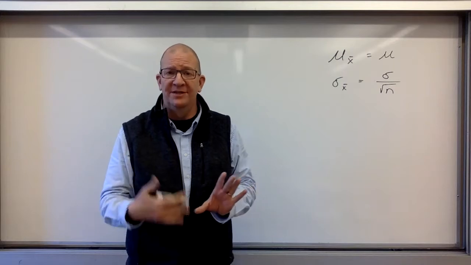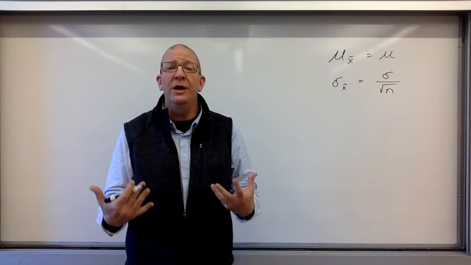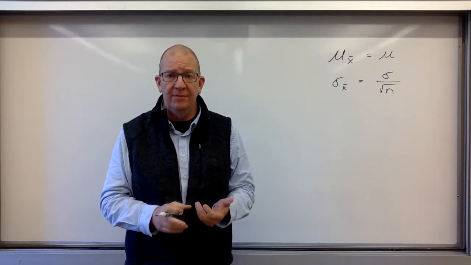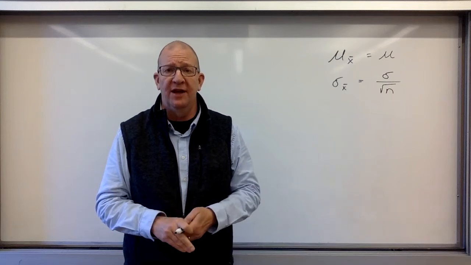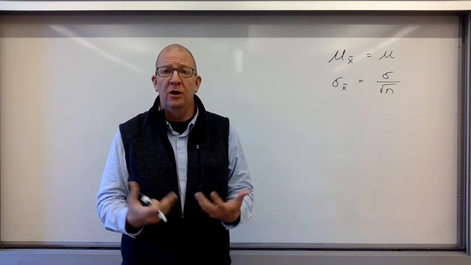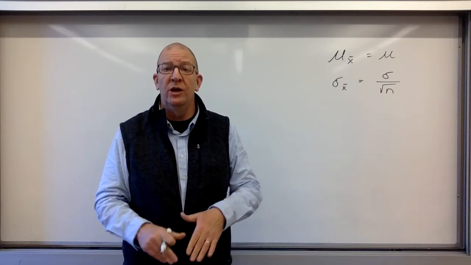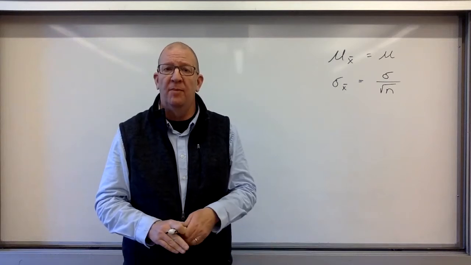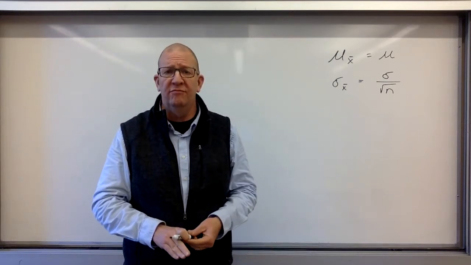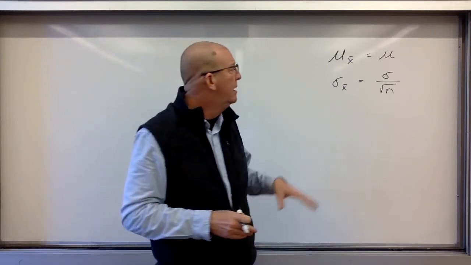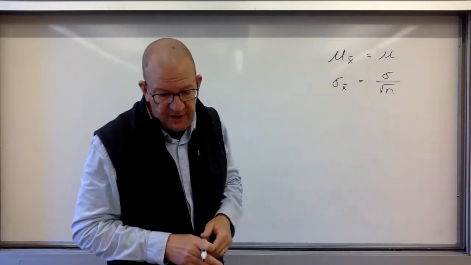So for these problems at this introductory part, we're assuming we know both the population mean and the population standard deviation. An example of that might be your standardized test scores, right? We know the average for the overall population, and we're going to talk about a sample. But these are the first two big thoughts.